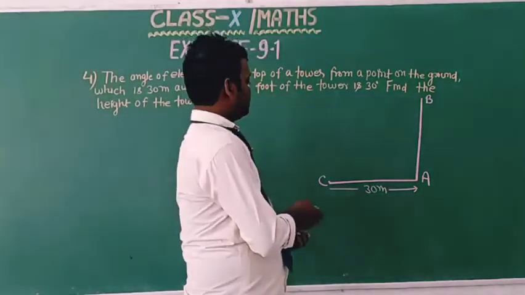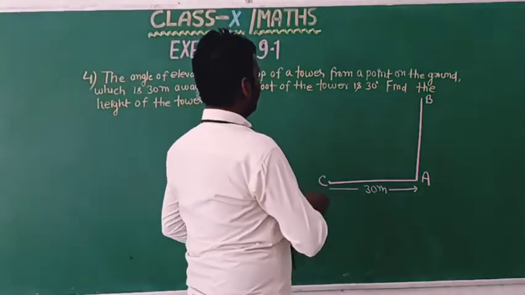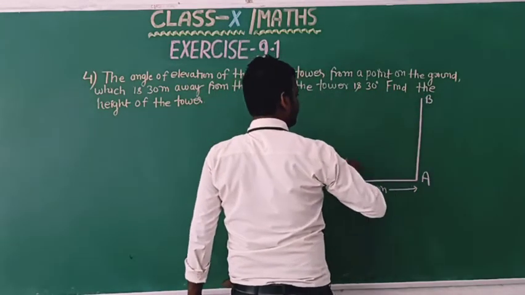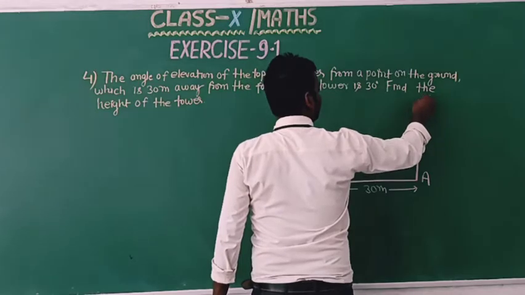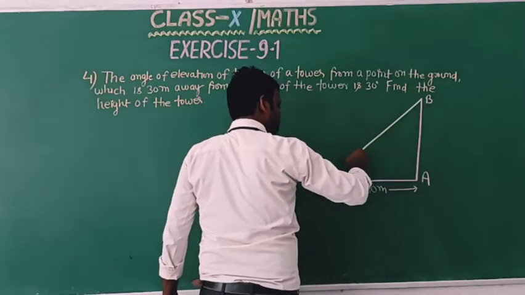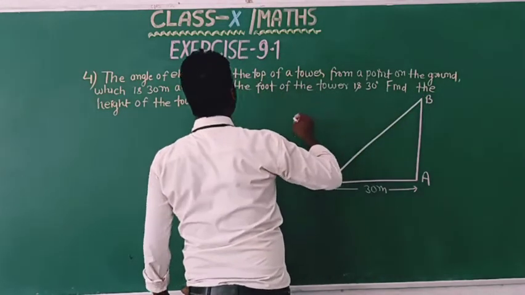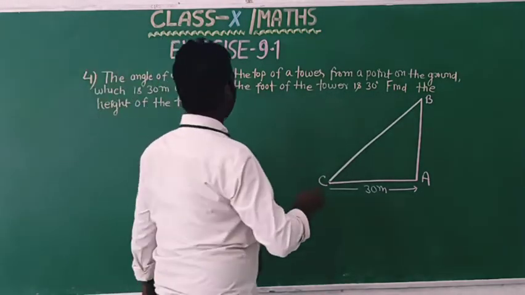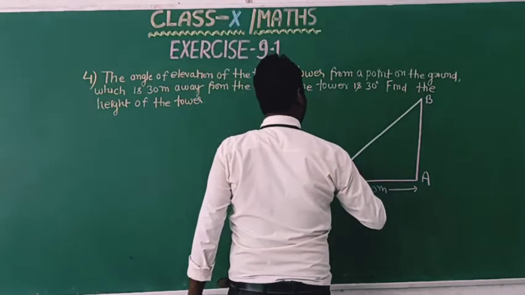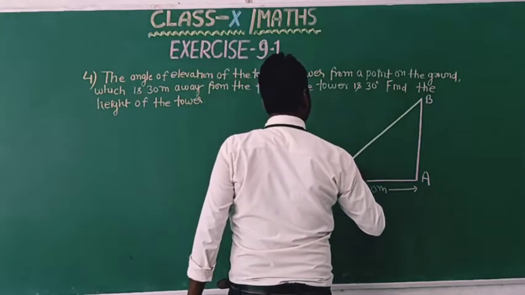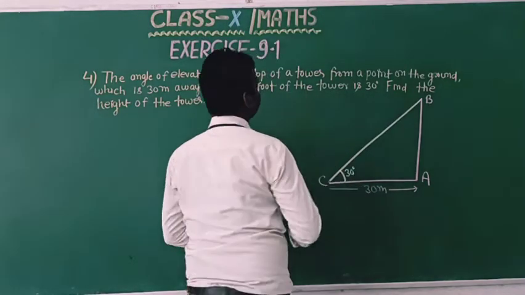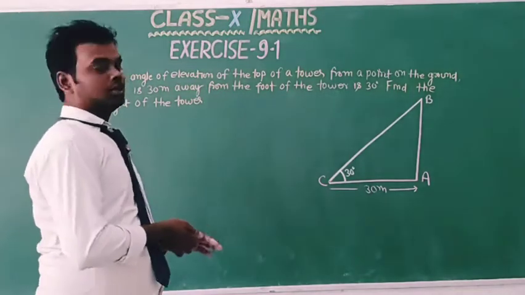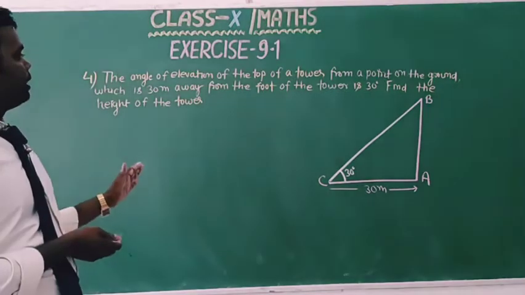The angle from point C to the top of the tower is 30 degree. Then we need to find the height of the tower.